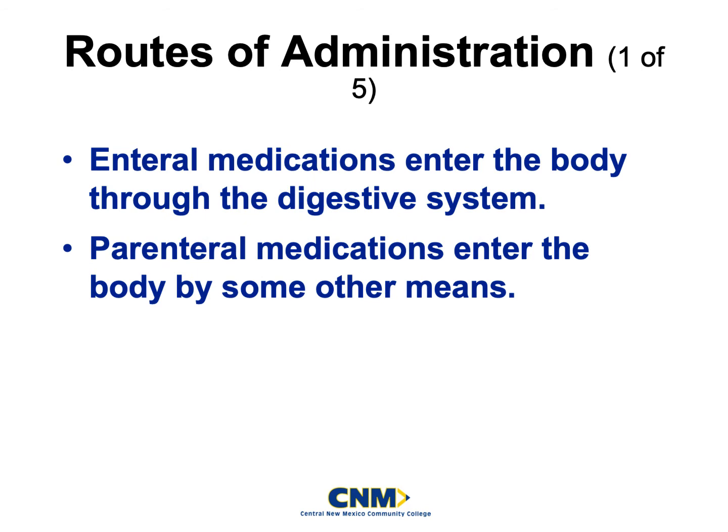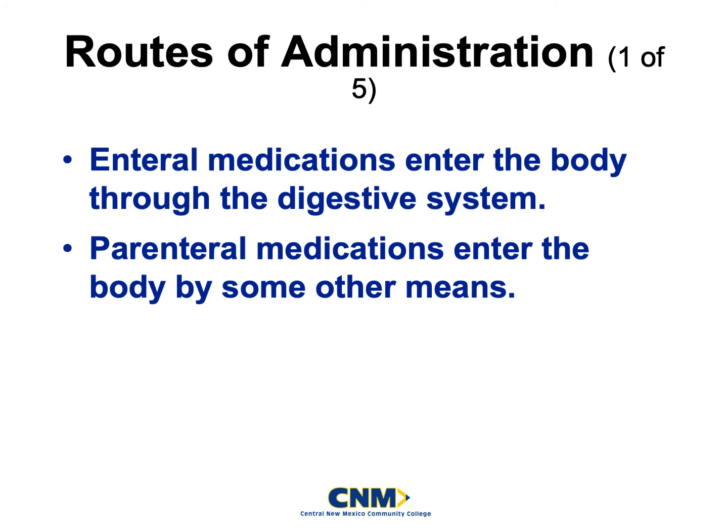Okay, so when we're talking about routes of administration, we have two main types of routes. We have enteral and parenteral. Enteral medications enter the body through the digestive system. These are often a pill or a liquid form, such as a cough medicine or an ibuprofen, something you would take for a headache.